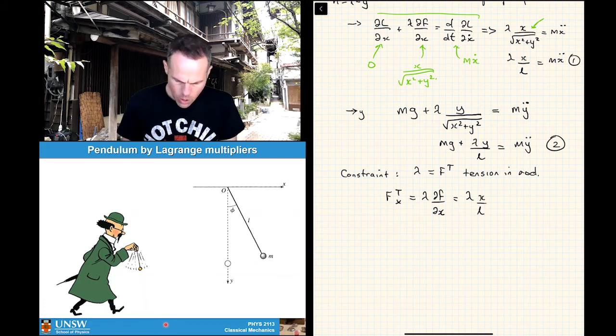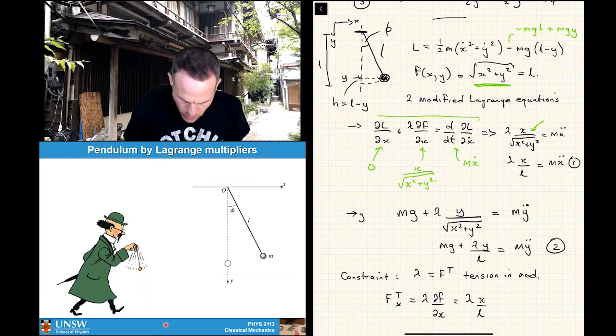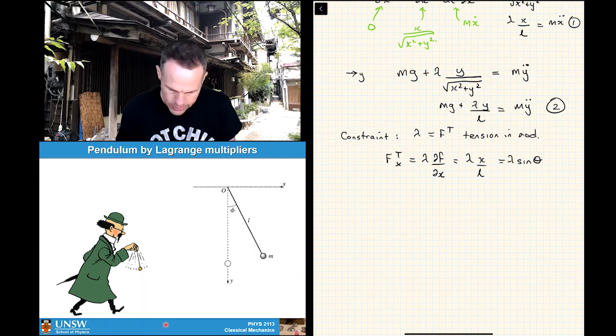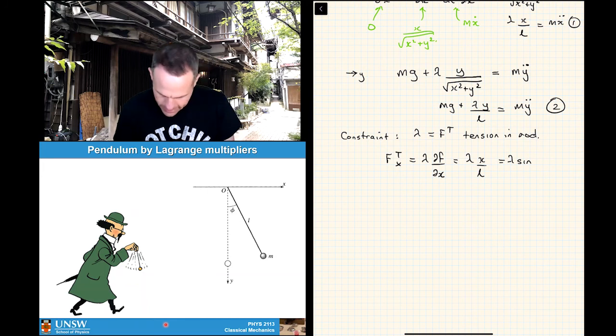And if we go back up to our diagram up here, we know that x on L is going to be sine of phi, right? So this is just going to be lambda sine phi. And he writes theta. I'm having one of those days.